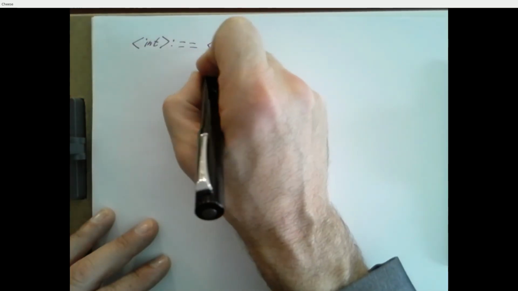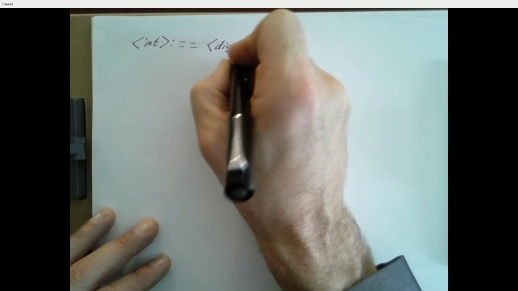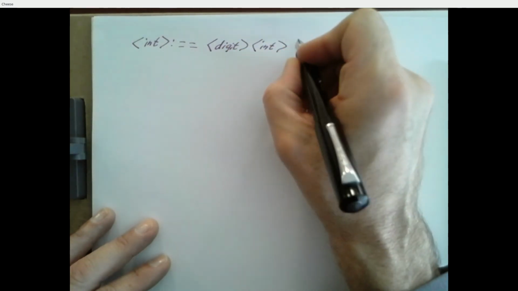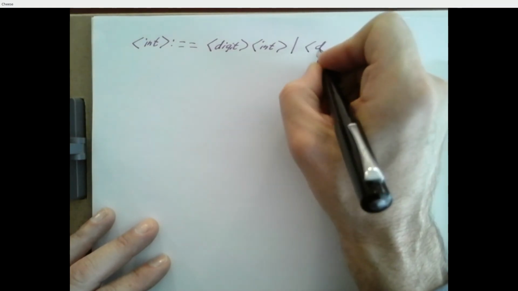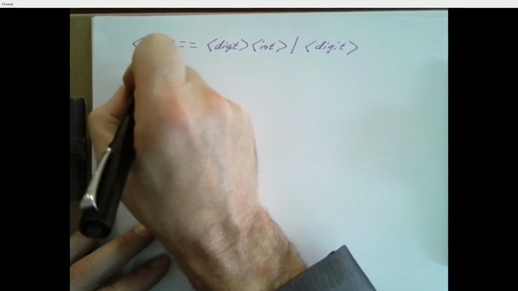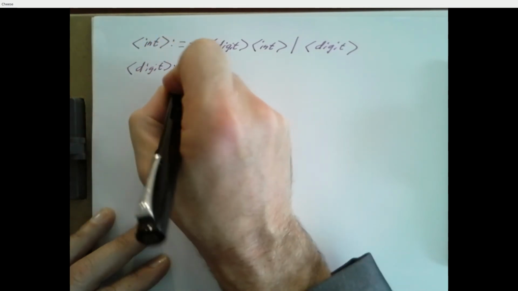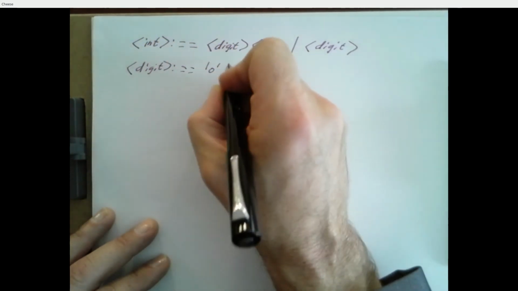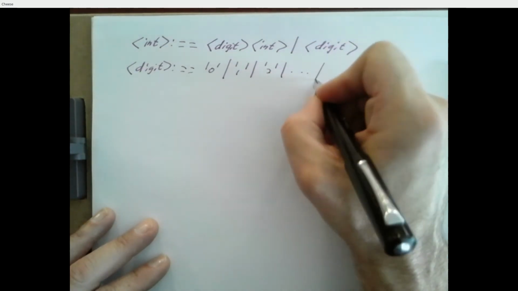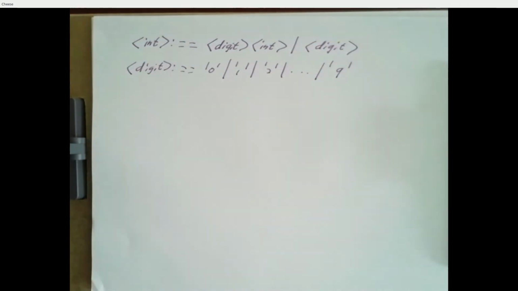So I can define an integer as being a digit followed by an int, or a digit. And a digit is a 0 or a 1 or a 2 or a 9.